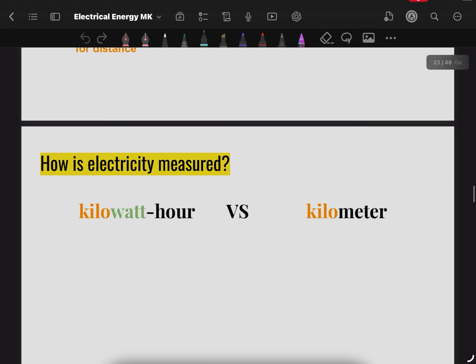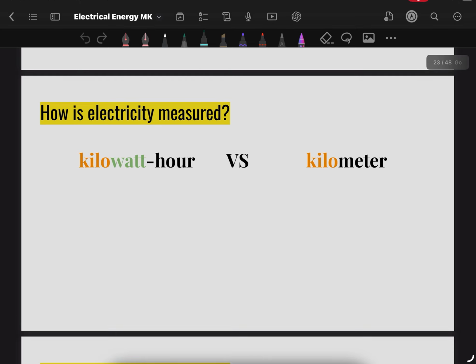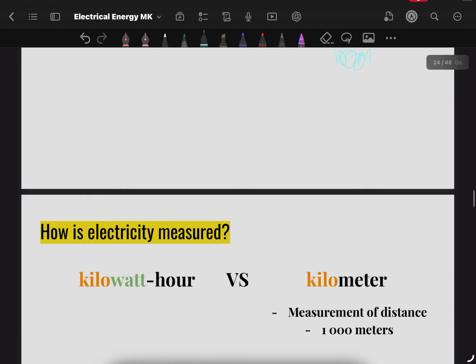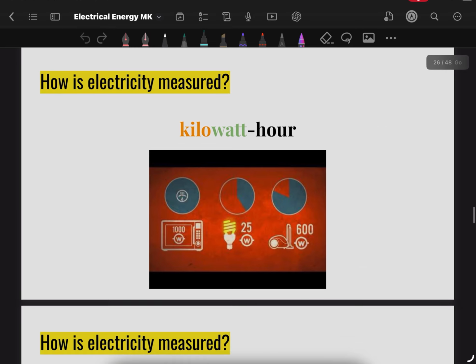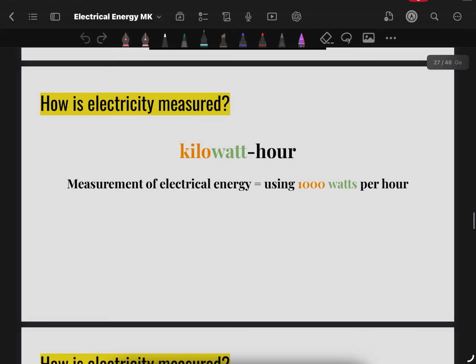So if we think about it like this, a kilometer is a measure of distance, 1,000 meters, compared to 1,000 watt hours, which is the energy measure. So, how's electricity measured? The measurement of electrical energy is a usage of 1,000 watts per hour.